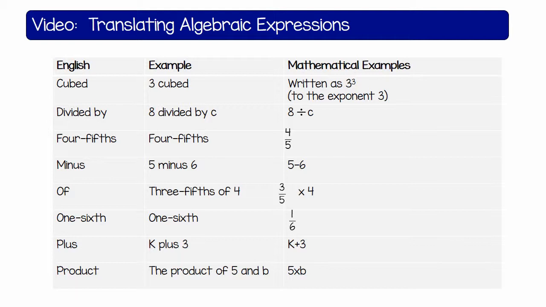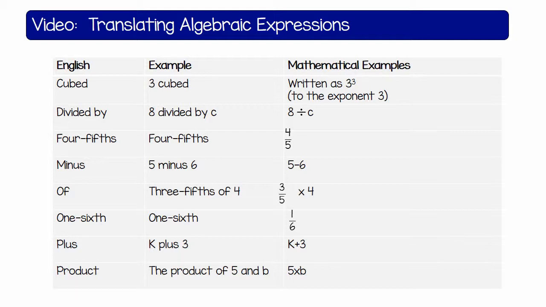Minus, 5 minus 6. Minus means to subtract, so we would write it as 5 minus 6. Of, 3/5 of 4 means 3 out of 5 times 4. What about 1/6? This means 1 out of 6, which would be then our fraction 1 over 6.